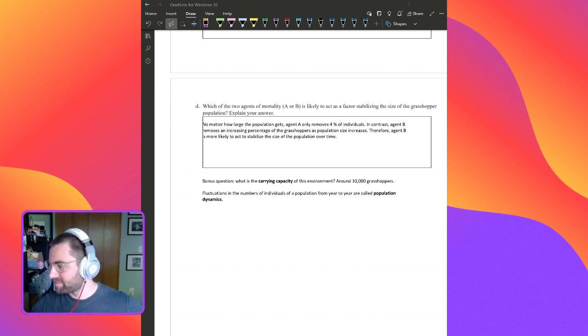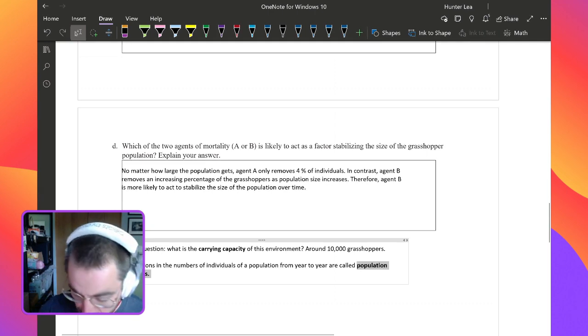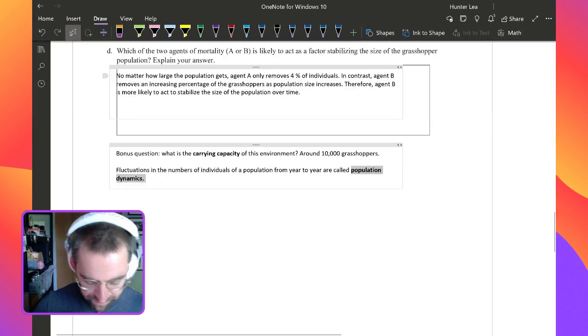So let's see. I've got a couple of questions in here about survivorship curves. This feels like an easy one to visualize, and I know that this came up on an exam question.